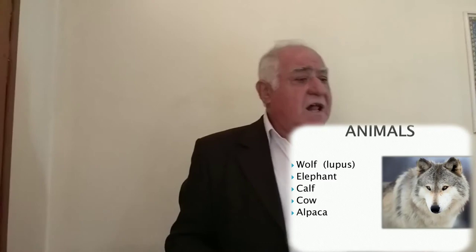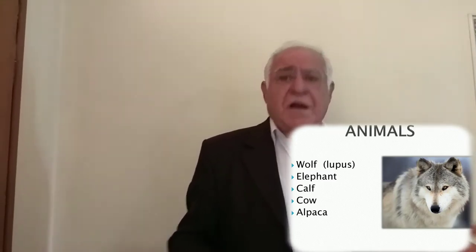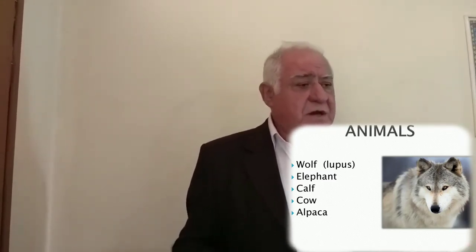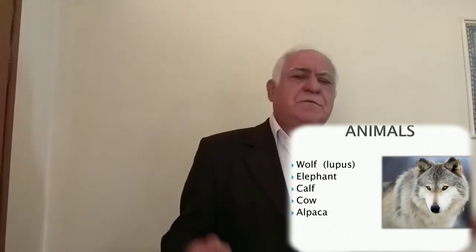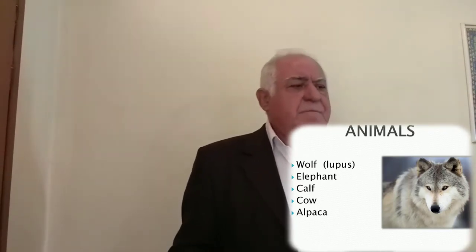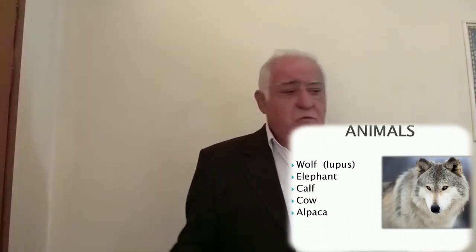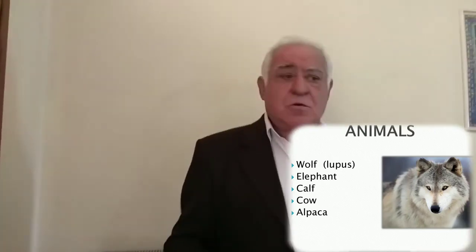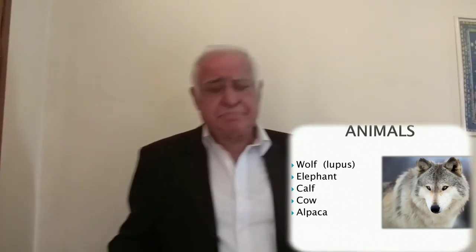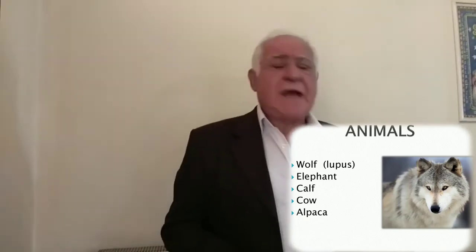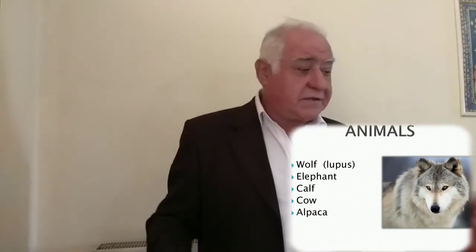And then you have calf, which is white. Young calves are mostly white. And the word cow itself, which is related to calf, can be white. And then you have alpaca, which is a Peruvian Andean animal, which is completely white.